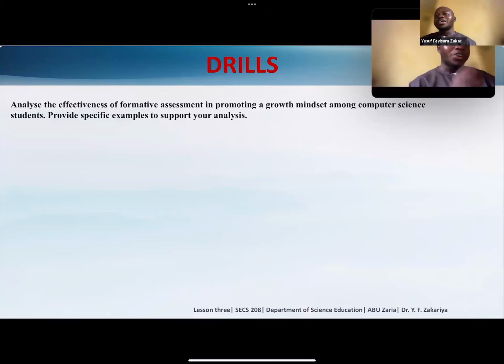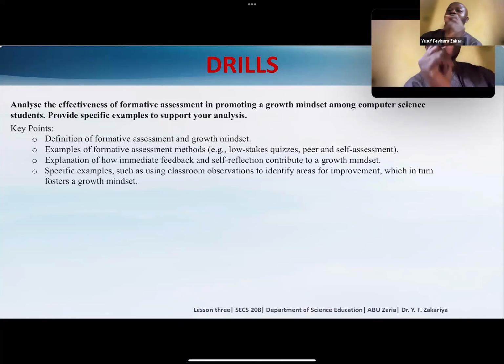Okay. If I give you this type of question in the exam, these are the kind of things I'm going to mark. Number 1, definition of formative assessment and growth mindset.